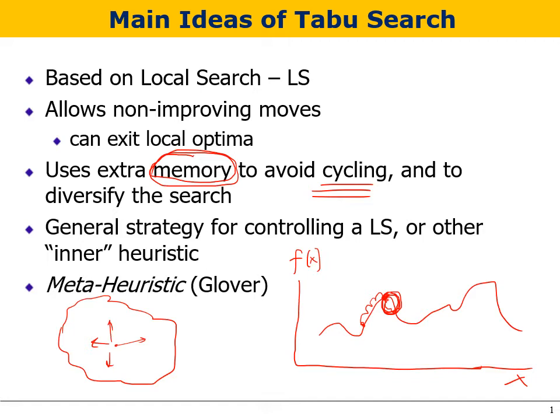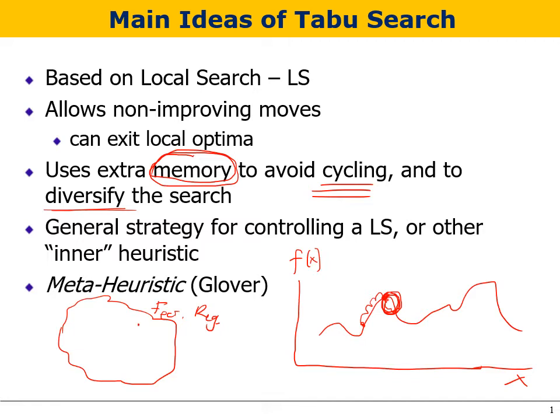And also this use of memory satisfies diversification, the search to be diversified. So we will talk about these terms as well. What is diversification? The basic meaning is this: if this shape is the feasible region of our search, sometimes it's called search space, sometimes it's called feasible region.